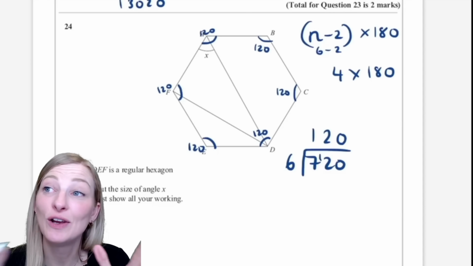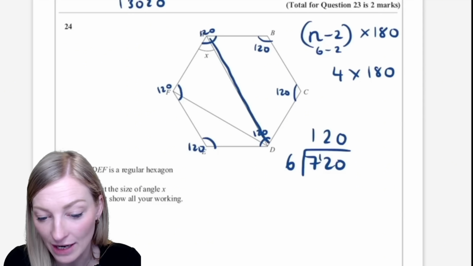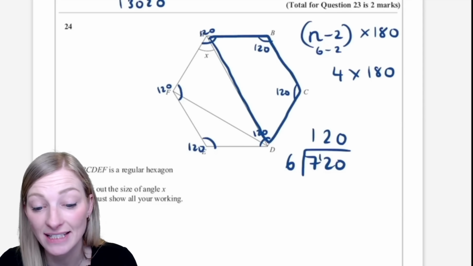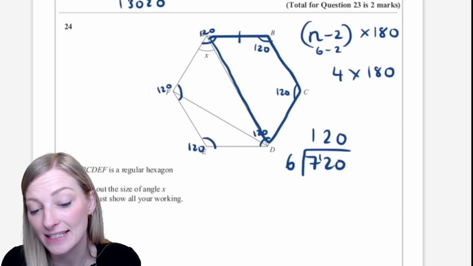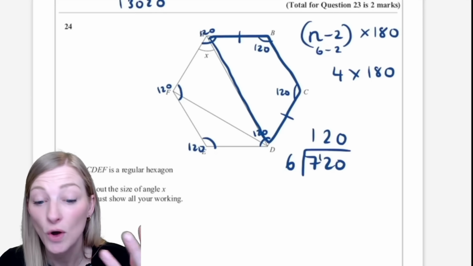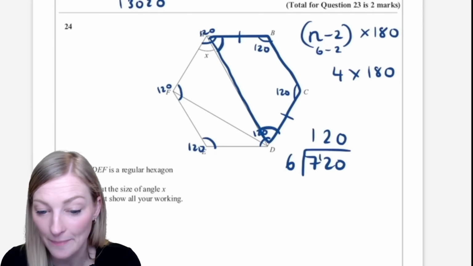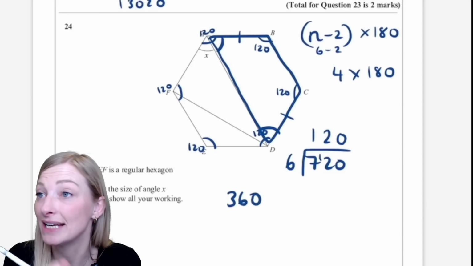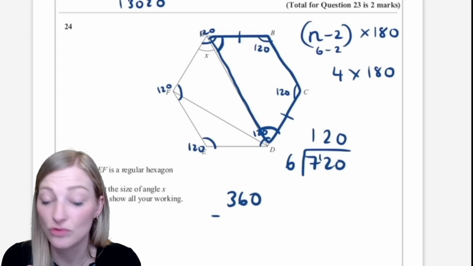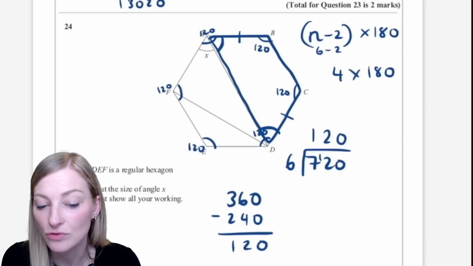From there, I'm going to look over at the trapezium, and I can see that this is a quadrilateral. And so the angles inside this shape add up to 360. Because this length is the same as this length, and 120, 120 are the same angle, we know that this angle here is going to be the same as this angle here. 360 degrees in a four-sided shape minus 120 and 120, so minus 240, we are left with 120.